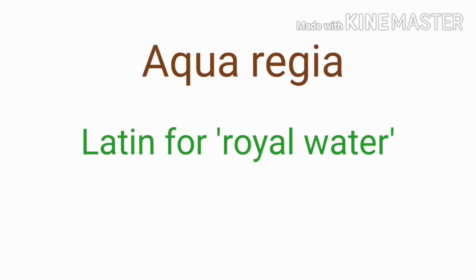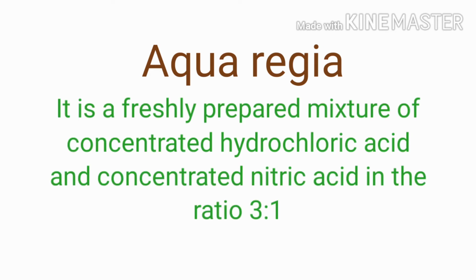Next topic, aqua regia. It is a Latin word and its meaning is royal water. It is a freshly prepared mixture of concentrated hydrochloric acid and concentrated nitric acid in the ratio 3:1. That is, in order to form aqua regia, if we add 3 drops of concentrated hydrochloric acid, then we want to add 1 drop of concentrated nitric acid to the mixture.